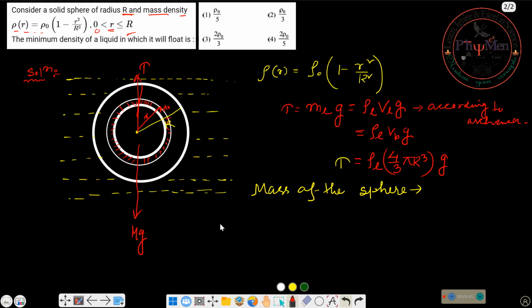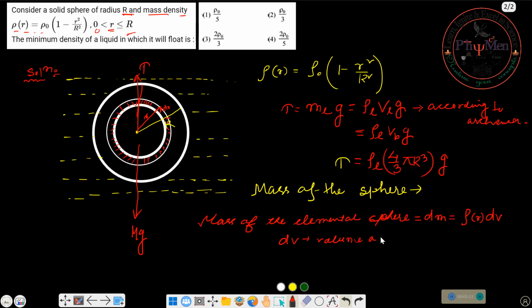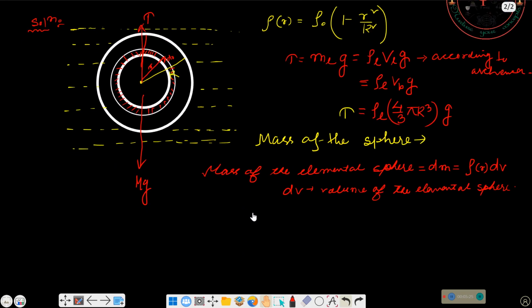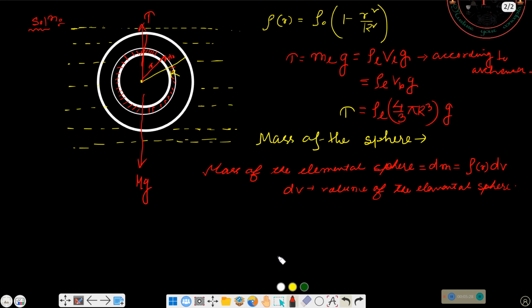So the mass of the elemental sphere is dm, which can be taken as rho of r into dV, where dV is the volume of the elemental sphere.